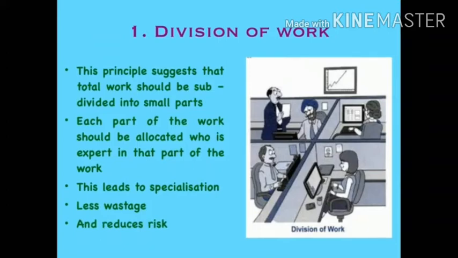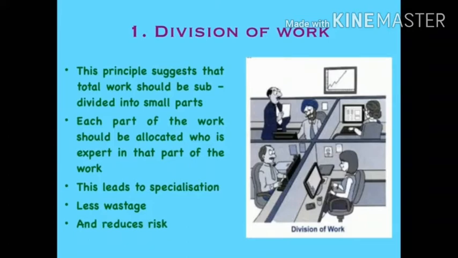Second, each part of the work should be allocated to someone who is expert in that part of the work, which leads to specialization, less wastage, and reduces the risk. Okay, if the work is divided into small tasks and assigned to trained specialists, then it will be helpful in taking the advantage of specialization.